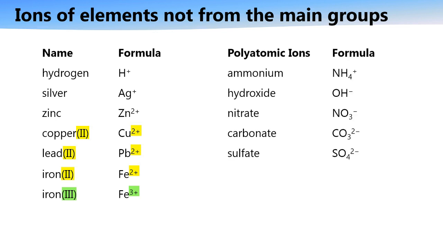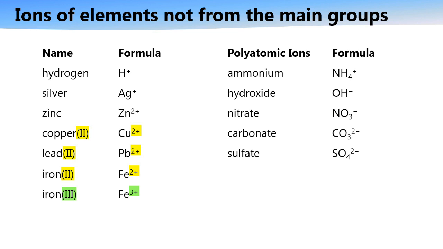We also have polyatomic ions. These are ions that have more than one atom attached together. For example, ammonium, NH4. We have 5 atoms, 1 nitrogen and 4 hydrogens attached together to form an ion of NH4+. And we also have hydroxide, which is O and H attached together with a charge of -1.